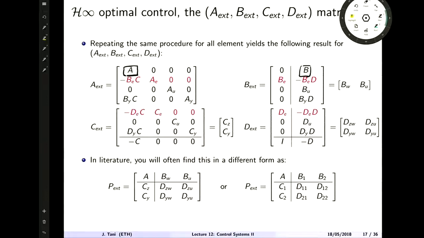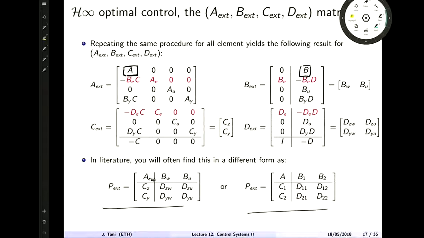You see here, this is A extended, which is the same as here, right? In literature, you will find it in this format or this format. So you will see that, oh, I have A here, and then you will lose a few hours to figure out that this is actually not A, but something much bigger. So take care of this. This is where the books and references typically start.